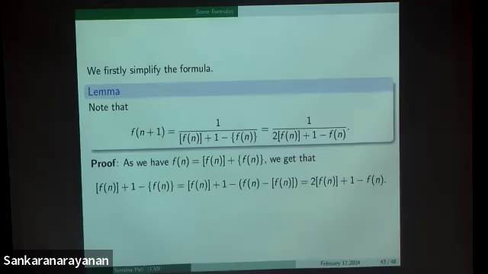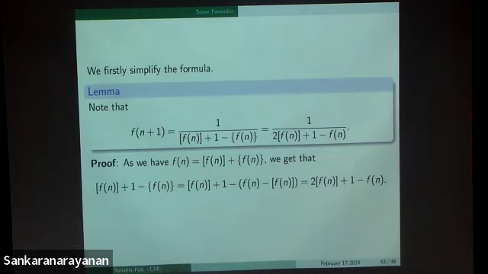Now there are two cases. The first case is, I have this P by Q, and this is my Fn, and I want to figure out Fn plus 1.